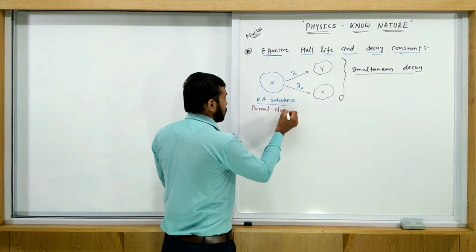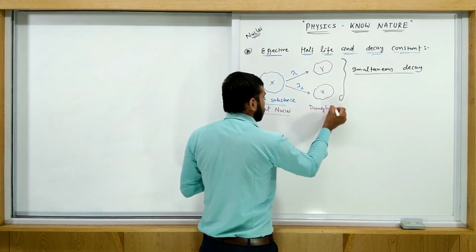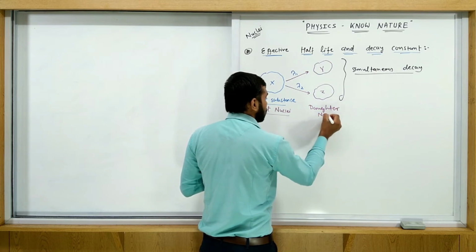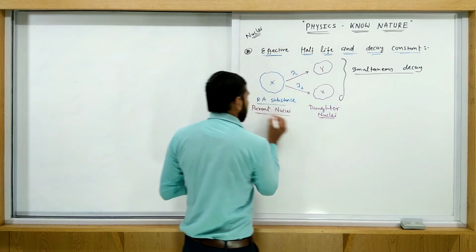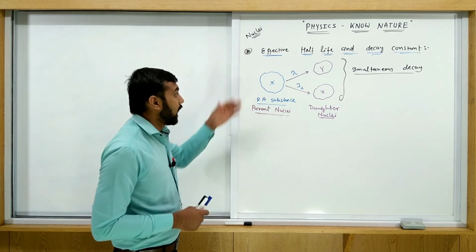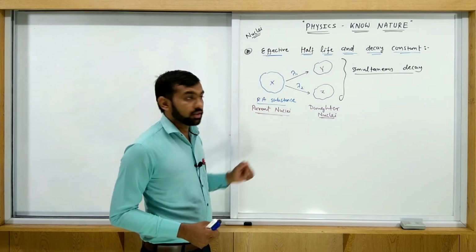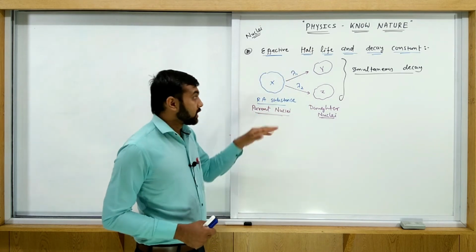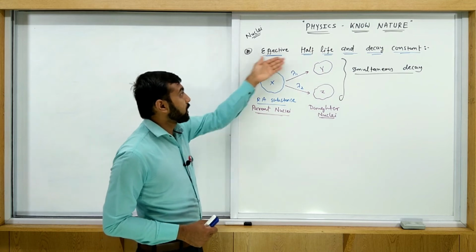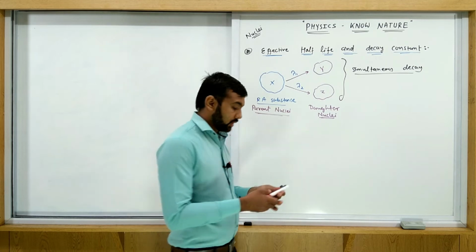If this type of situation is given to us, then how to find the half-life? See, the half-life of the first one is different, the half-life of the second one is different. Then in this case we have to find the effective half-life, and similarly the effective decay constant.